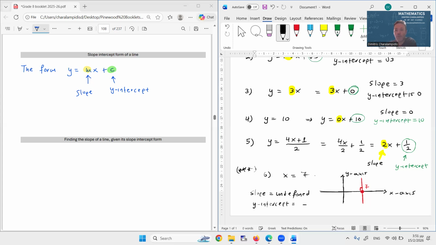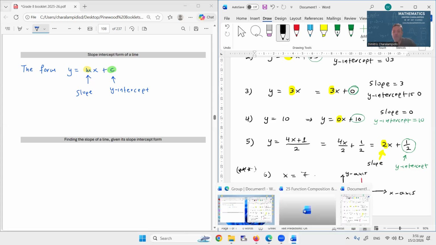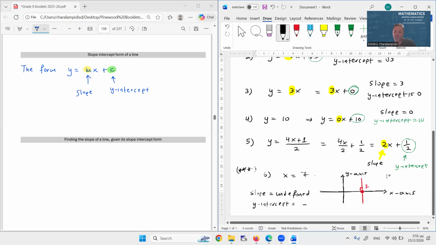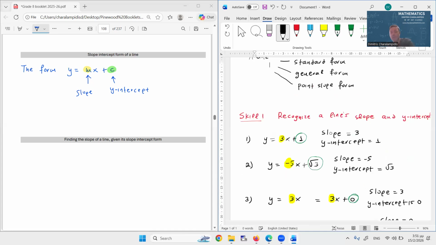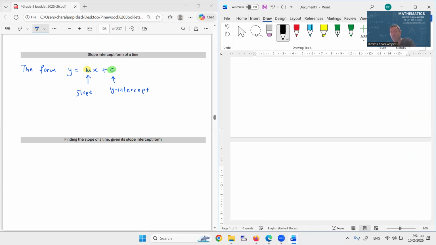We said that one of the skills that we need to develop is to see if we can manage to determine the slope and the y-intercept. Now, it's time for us to learn how to find the slope intercept form of a line on our own.